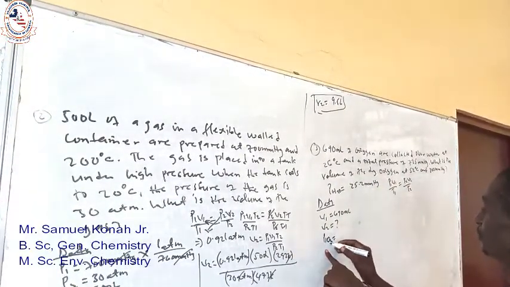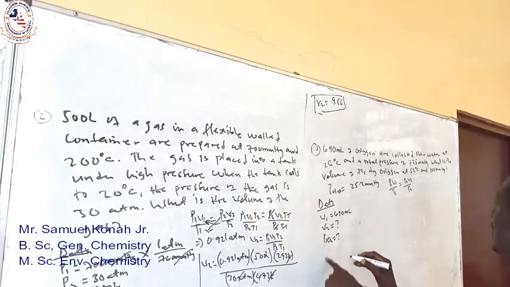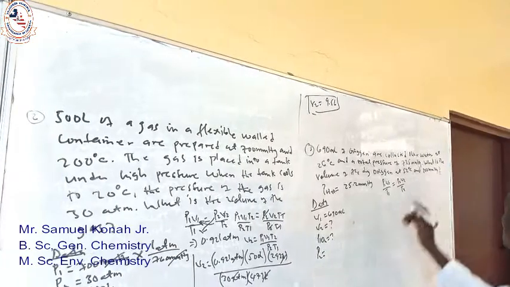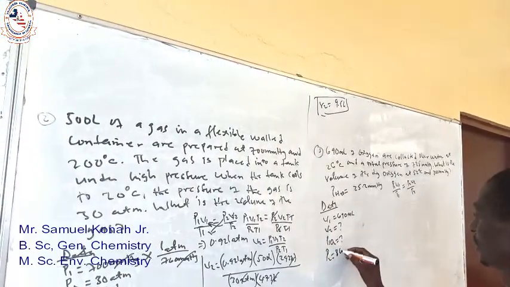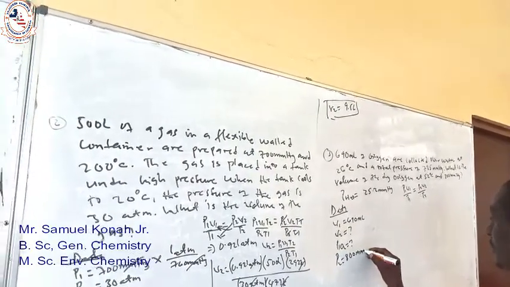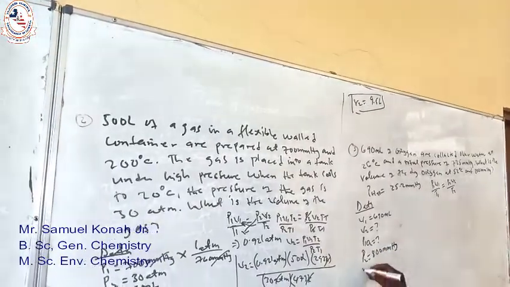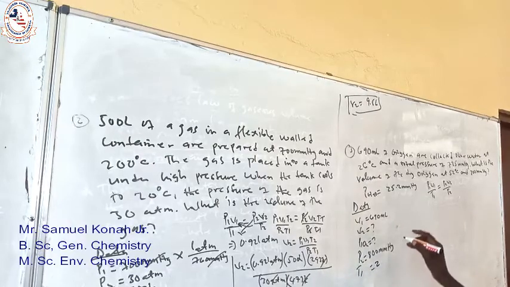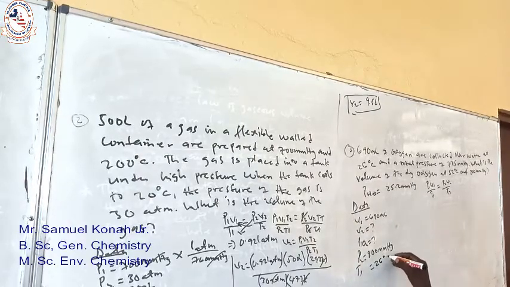So P1 of O2 is your question mark, and then our P2, the oxygen, is given to be 800 millimeter mercury, and our T1, first temperature, is given to be 26 degrees C.